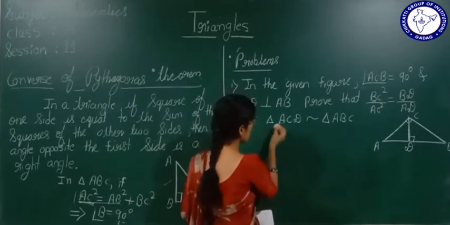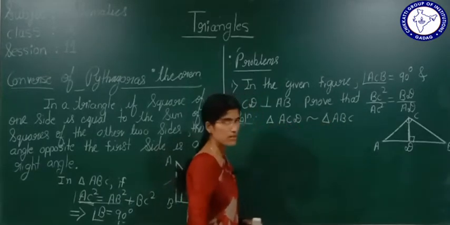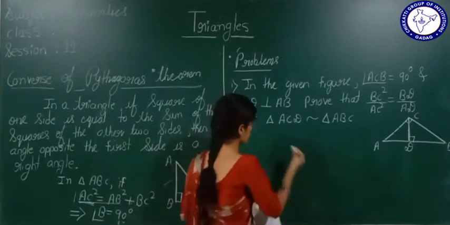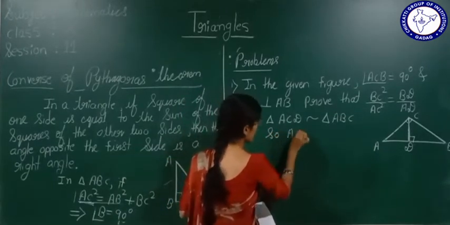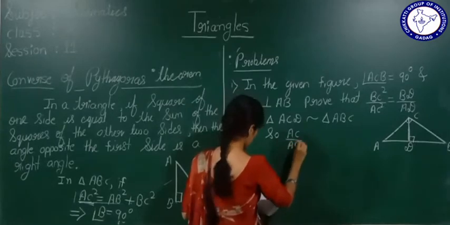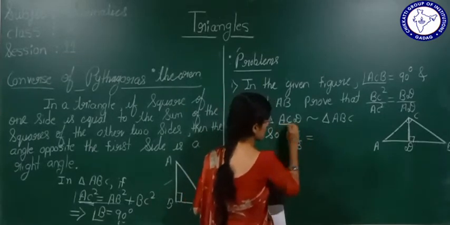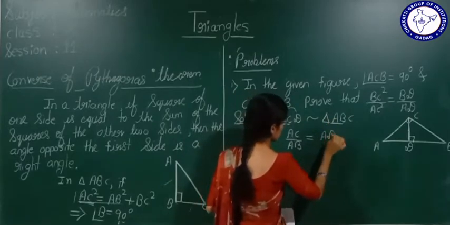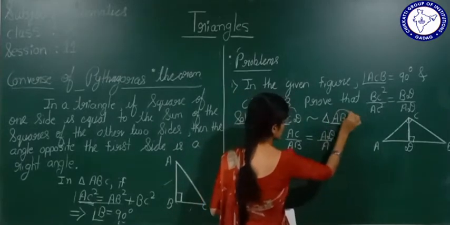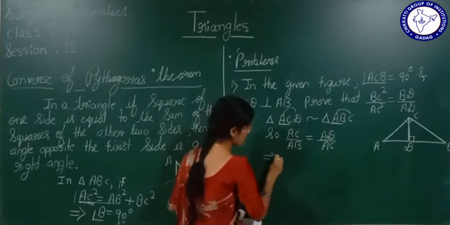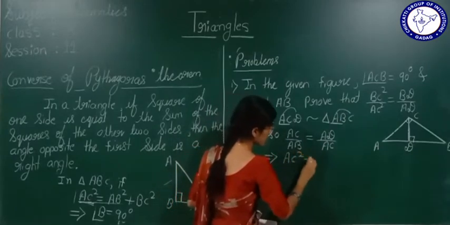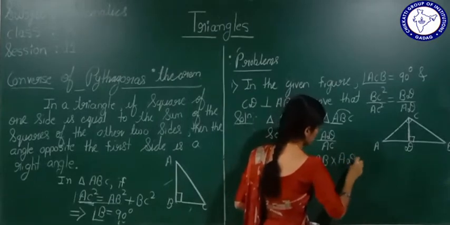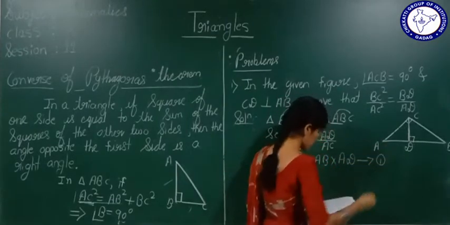If two triangles are similar, their corresponding sides are in the same ratio. So AC by AB is equal to AD by AC. So this implies AC square is equal to AB into AD. Call it equation number 1.